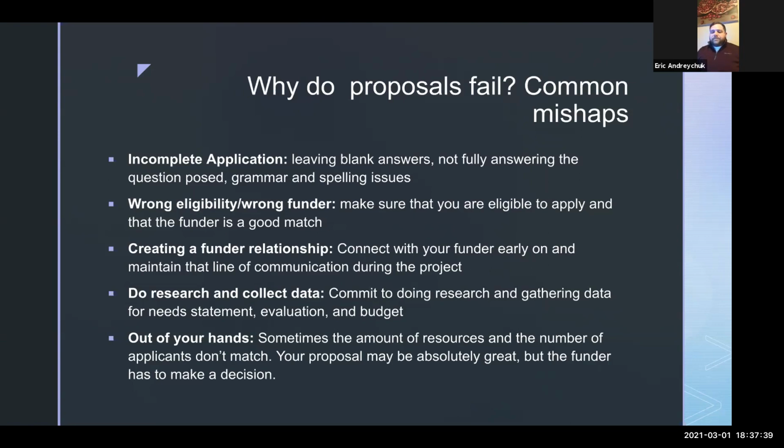So making sure you've got your organization set up so that you can receive grant dollars, but then making sure that you're also researching a funder that connects with you on those same kind of focus areas of education or health related grants, because you don't want to put all the time and effort into writing a proposal to a funder that's not going to even read your grant because it has nothing to do with what they fund, or it's in the totally wrong geographic area, something like that.